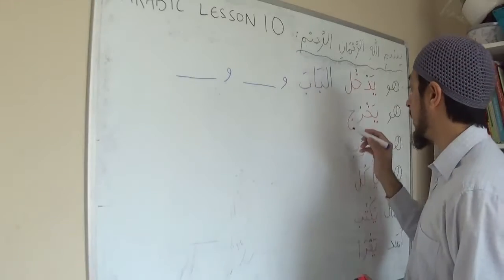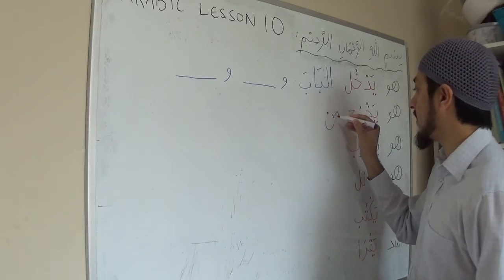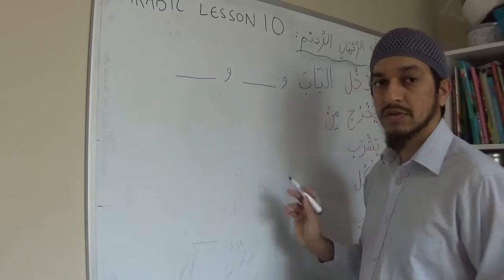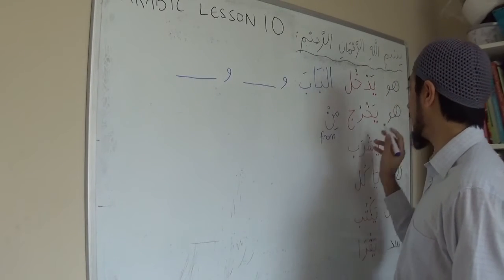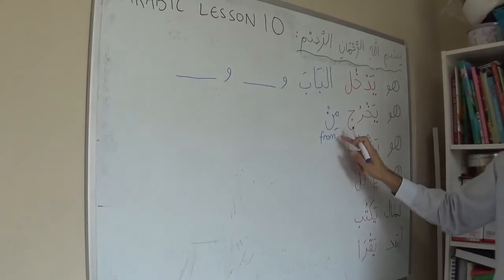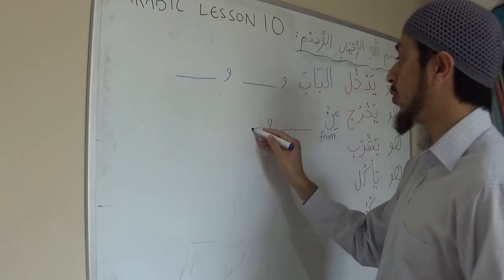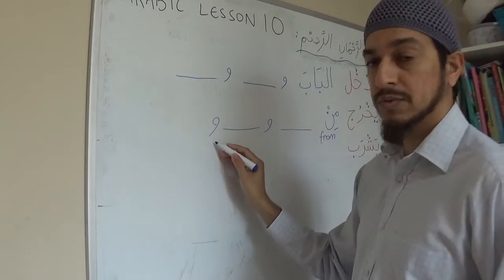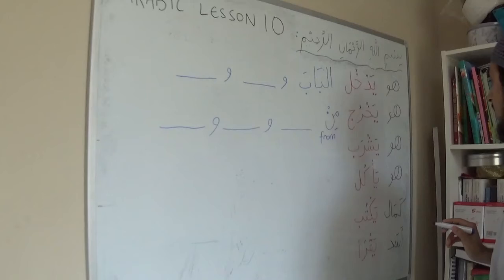So we've learned, no, we haven't learned from, I think. So we'll use this in a new vocab, from. He's exiting from. And then again, you write what words you think are the most suitable from what we've learned in all the lectures we've seen.